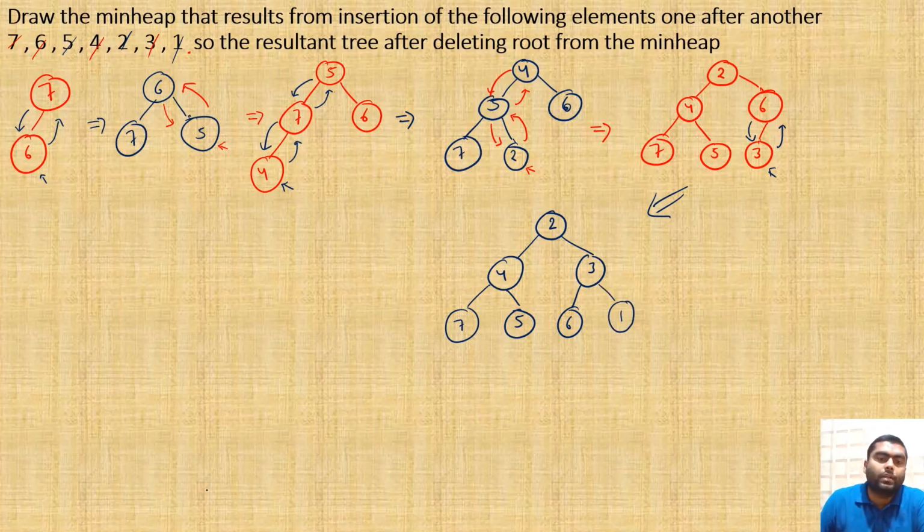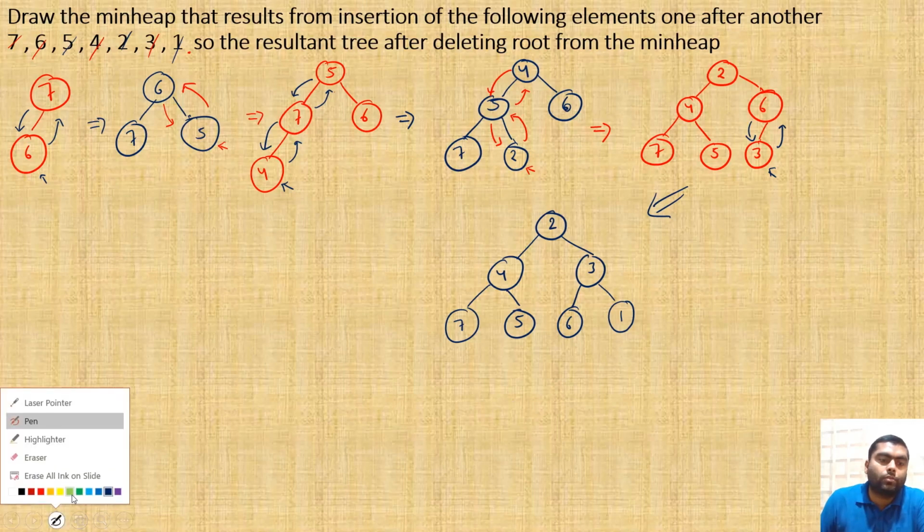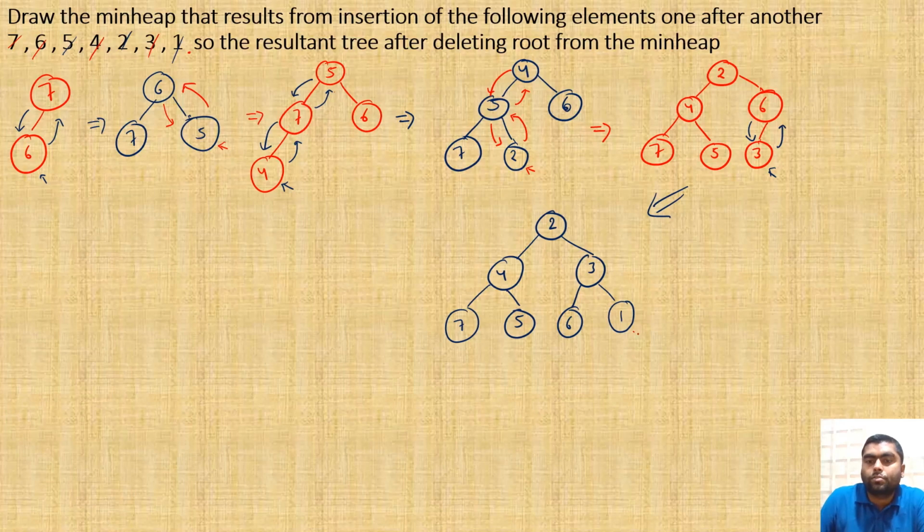Okay, but here again there is a problem, because 1 is the minimum element, so it must be the top. So this 1 will go over there, again this 1 will go over there, and these values will come down. 2 interchanges are required. Okay, so after this 1 will be on the root node, 4 on the left, and 7 and 5 as it is.